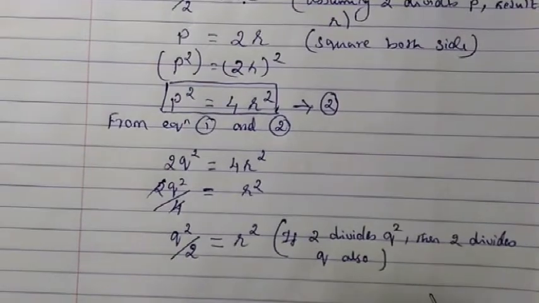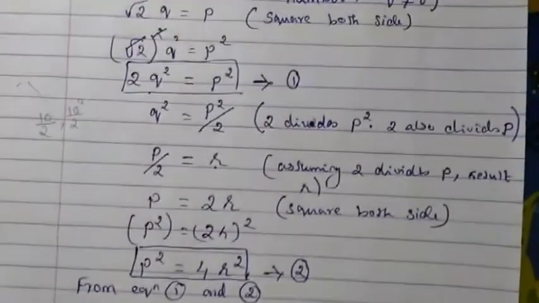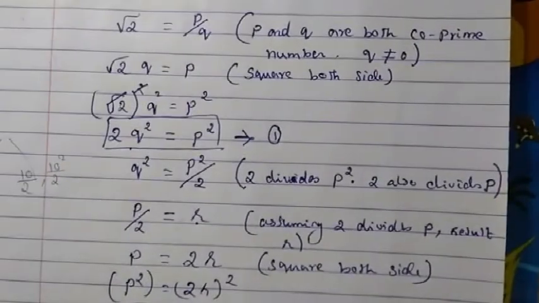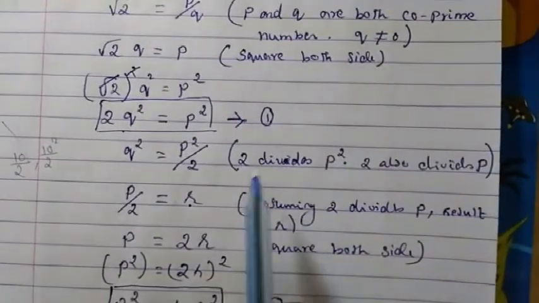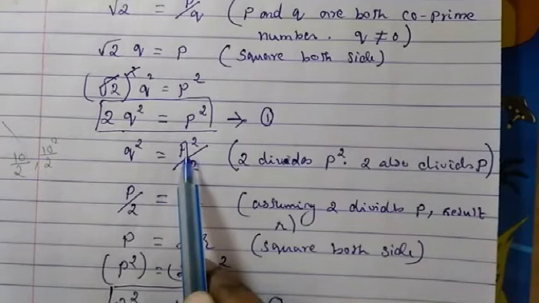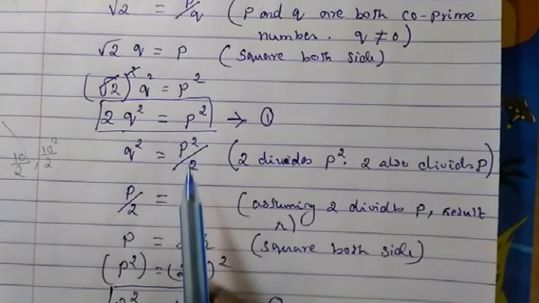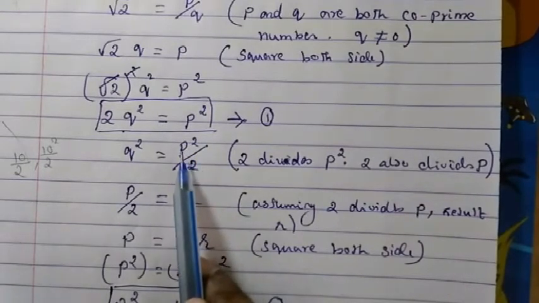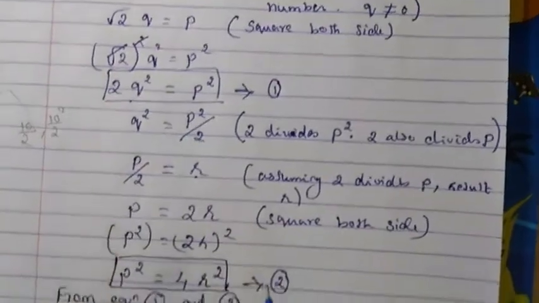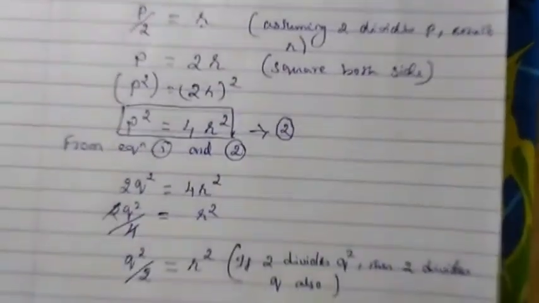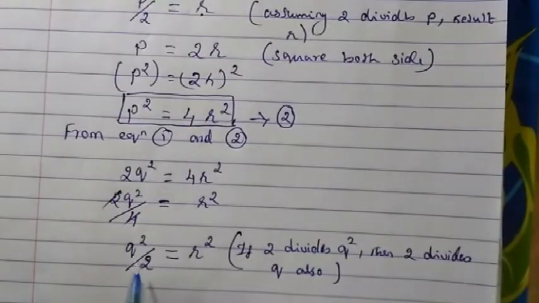So by this, what do we learn? Just have a look here. We said that 2 divides P square, that means 2 also divides P. And here we are saying 2 divides Q square, means 2 also divides Q. So what is the meaning?